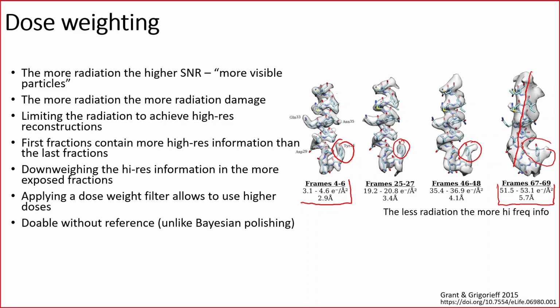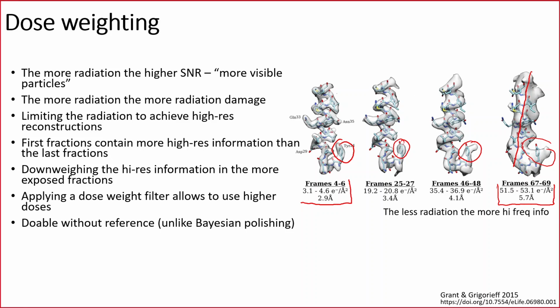Now, we cannot acquire images only at the dose rate of 3.1 to 4.6 electrons, because these images would be unalignable. They also used the whole range for alignment of these molecules, and then they just used for reconstruction these defined frames.